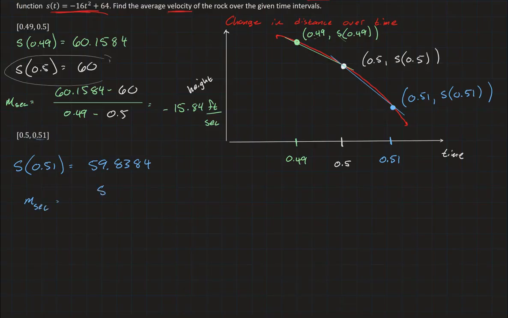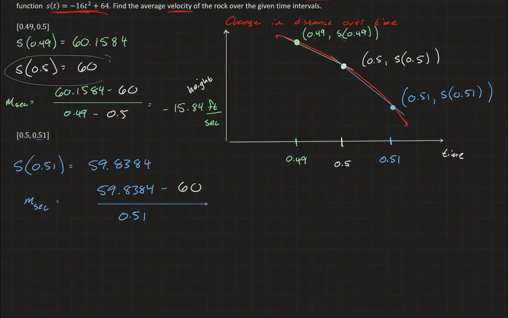And so the slope of this secant line, if I can do things in order, is going to be the difference of this height value, 59.8384, minus this guy, again, same value. And then over here, I'm going to have 0.51.